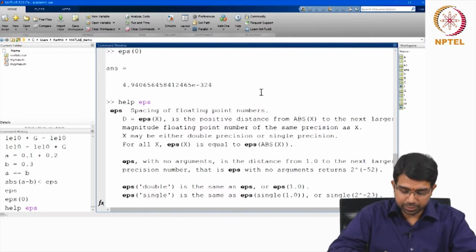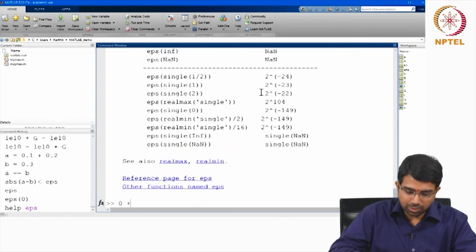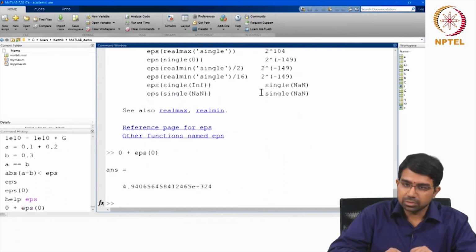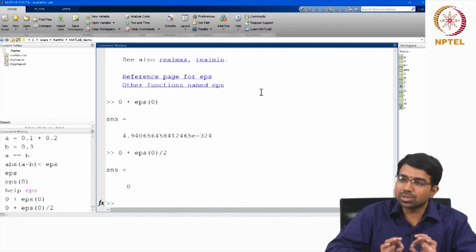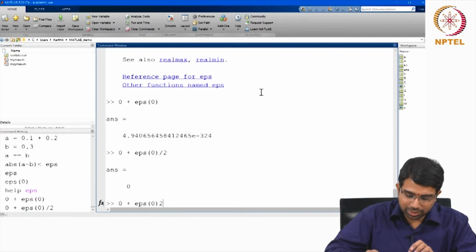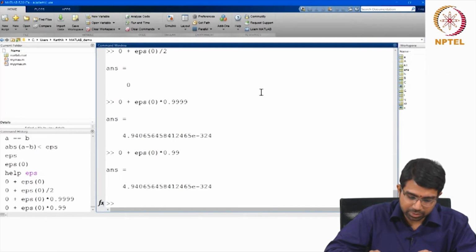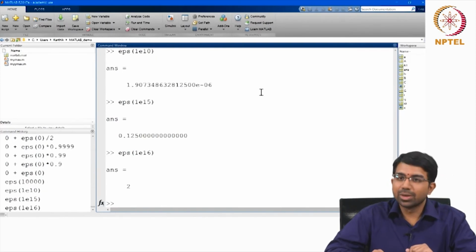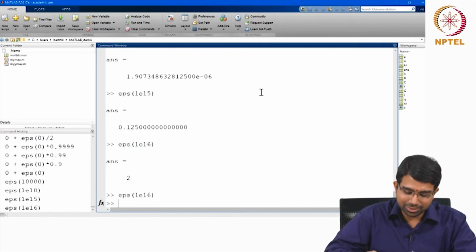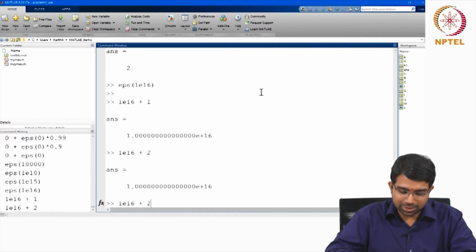If we add e to the power minus 324 to 0, the value will change. This is the smallest number. For 1e16, adding 1 does not change it, but 1e16 plus 2 makes it different from 1e16.